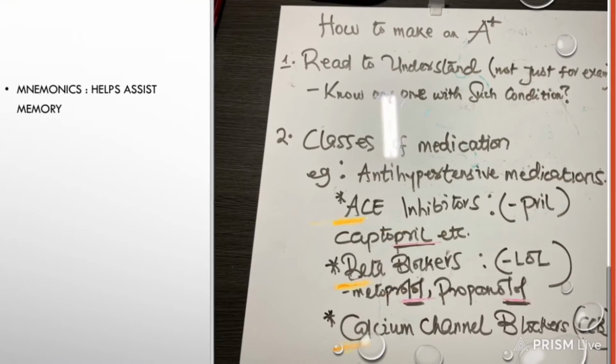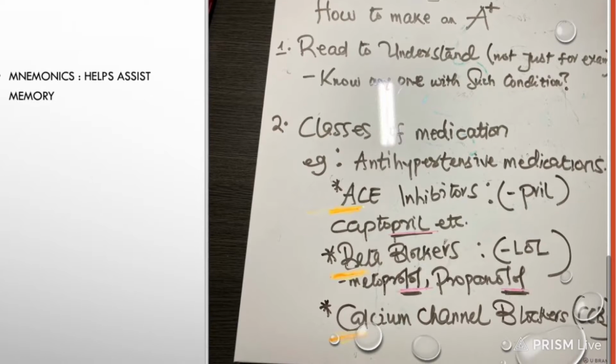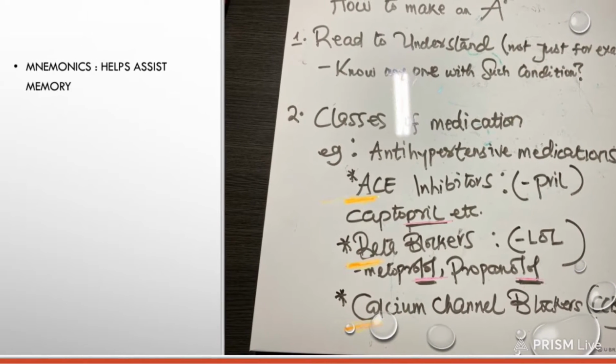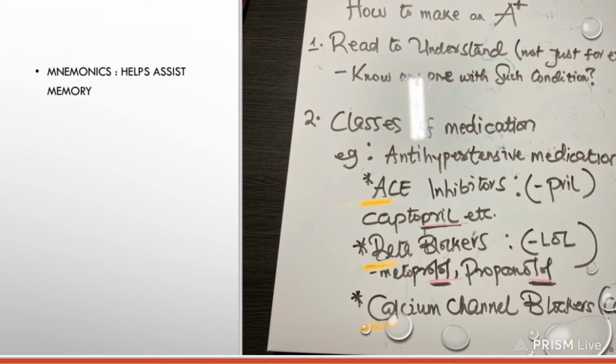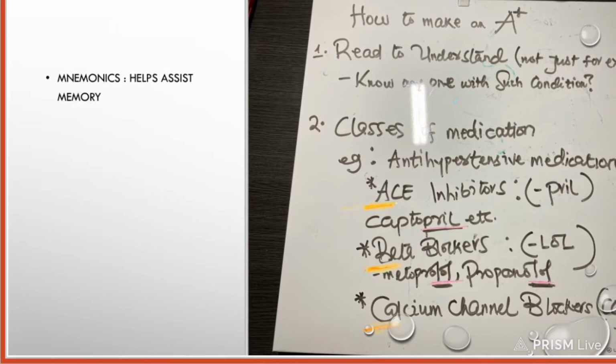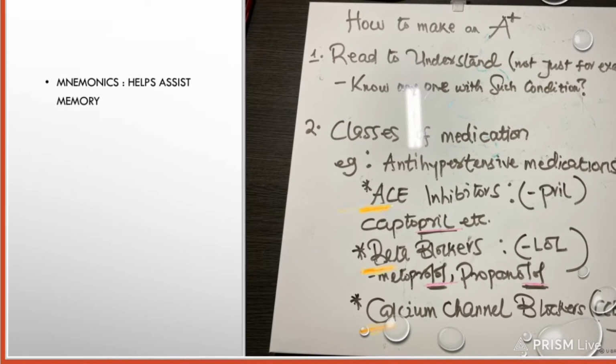The next thing I'd like to talk about is mnemonics. This helps you to keep things in mind. As you can see on the clipboard, I have underlined the A from ACE inhibitor, B from the beta-adrenergic blockers, and the C from the calcium channel blockers.